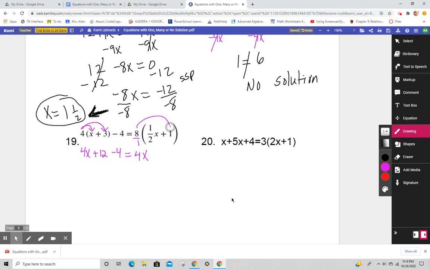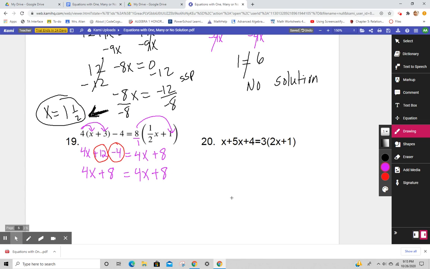And 8 times 1 is 8. Let's combine like terms on this side right here. These numbers, we need to put them together. 4x plus 8 equals 4x plus 8.